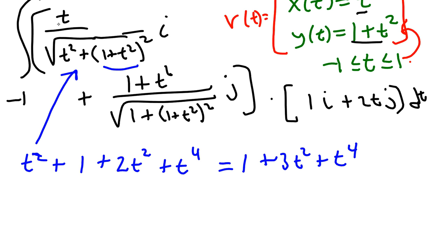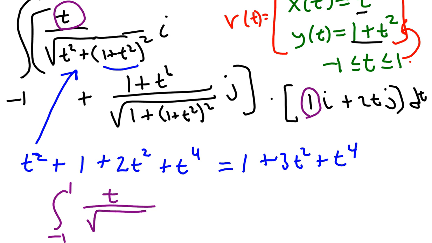What's nice is I multiply this numerator of t by this 1, and nothing happens, really. So you just get the integral from -1 to 1, and then you have t over the square root of 1 plus 3t squared plus t to the fourth.